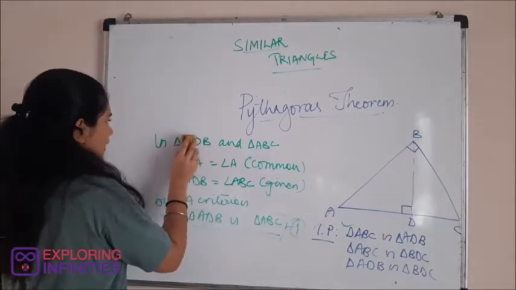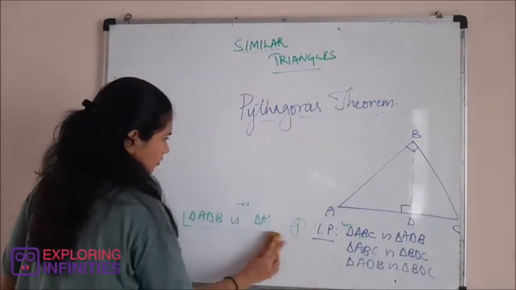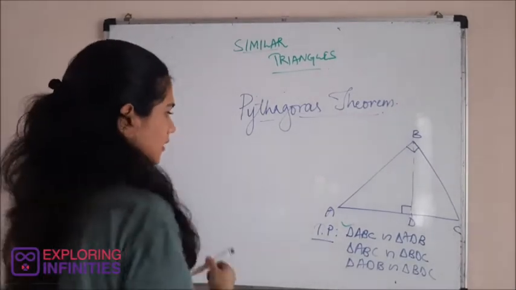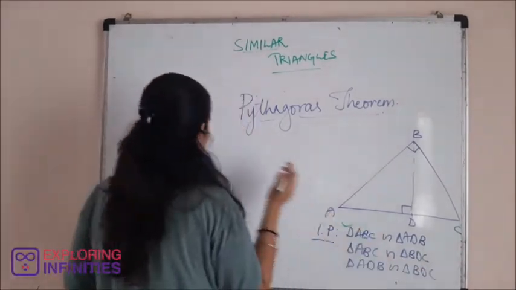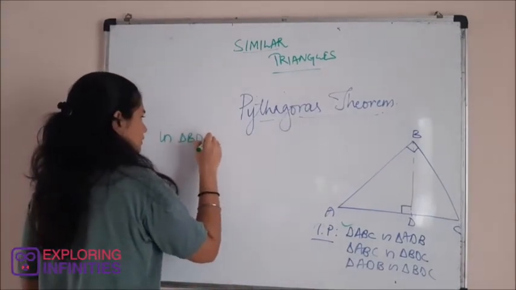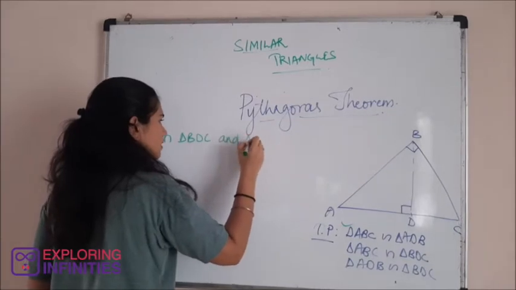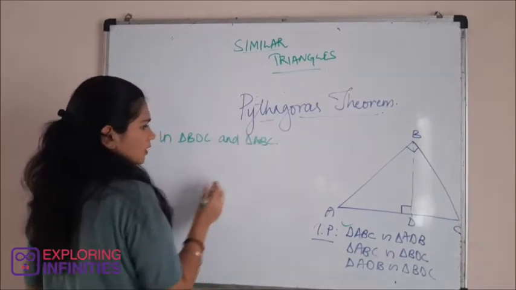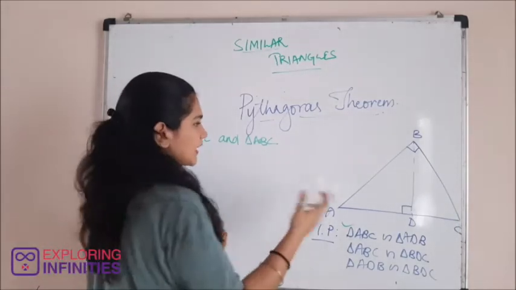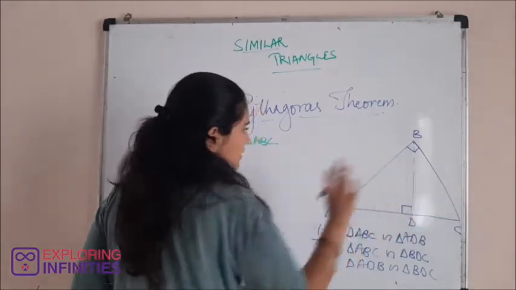So we have triangle BDC and triangle ABC. So in triangle BDC and triangle ABC, firstly, what do we have in common? We'll take that out. So here we have angle C in common.